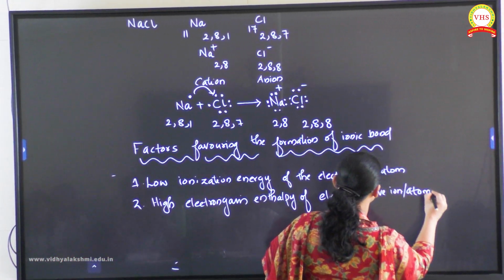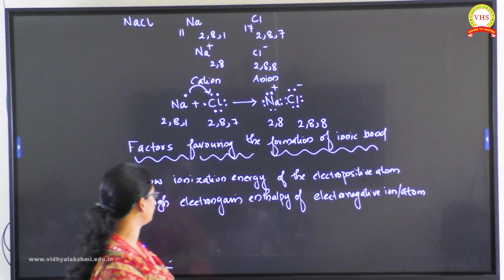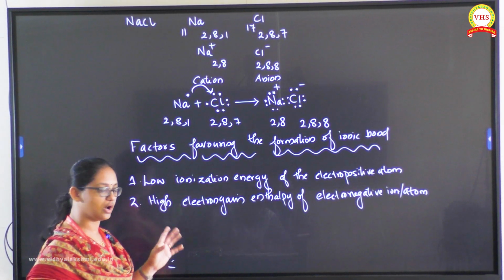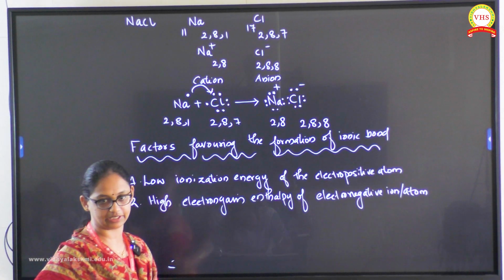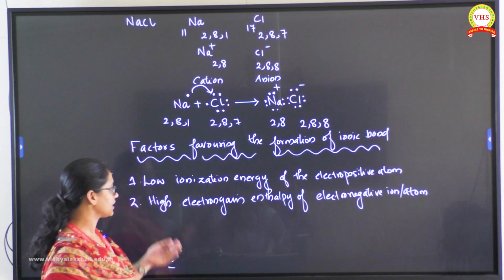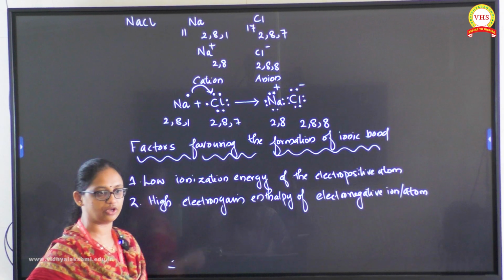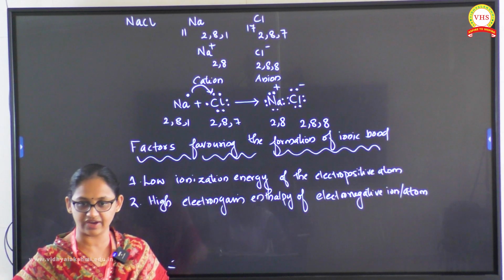So what is the first factor favoring the formation of ionic bond? Low ionization energy of the electropositive atom. What is the second factor? High electron gain enthalpy of the electronegative atom.